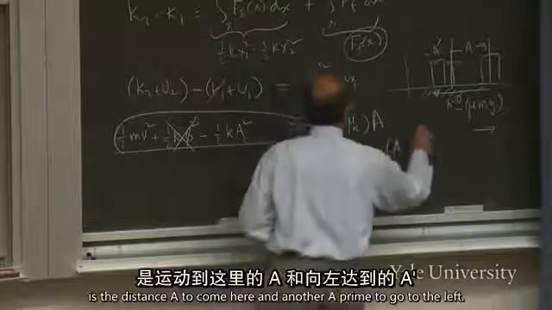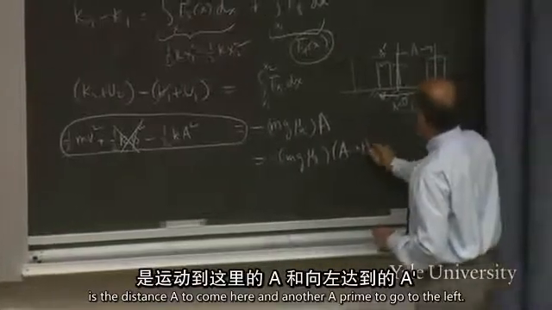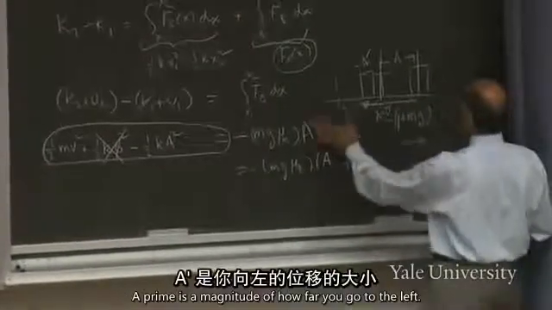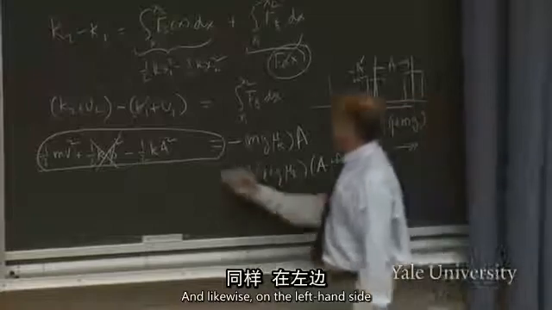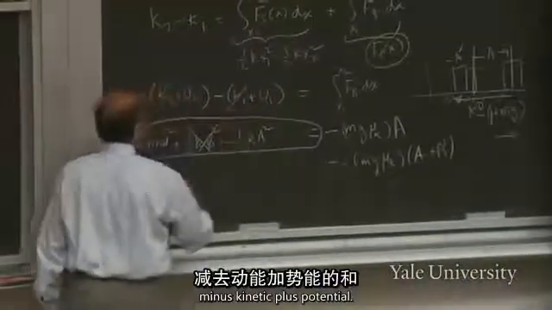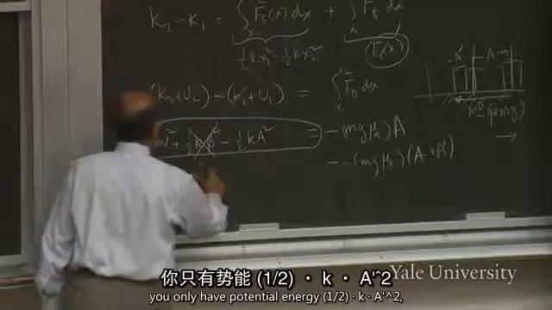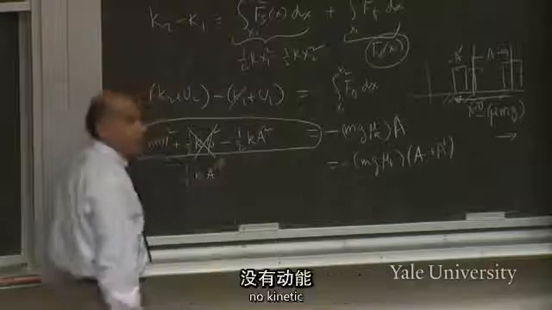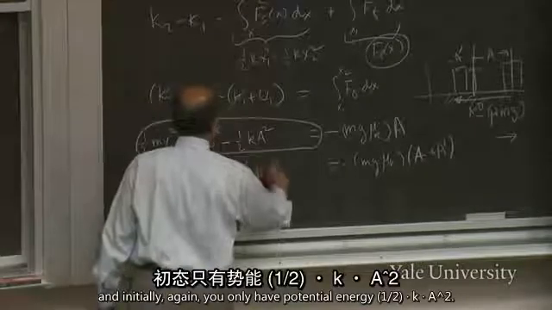It's the distance A to come here and another A prime to go to the left. A prime is the magnitude of how far you go to the left. And likewise, on the left-hand side, you have the total kinetic plus potential minus kinetic plus potential. At the end of the day, you only have potential energy, 1/2 k A prime squared, no kinetic. And initially, again, you only had potential energy, 1/2 k A squared.